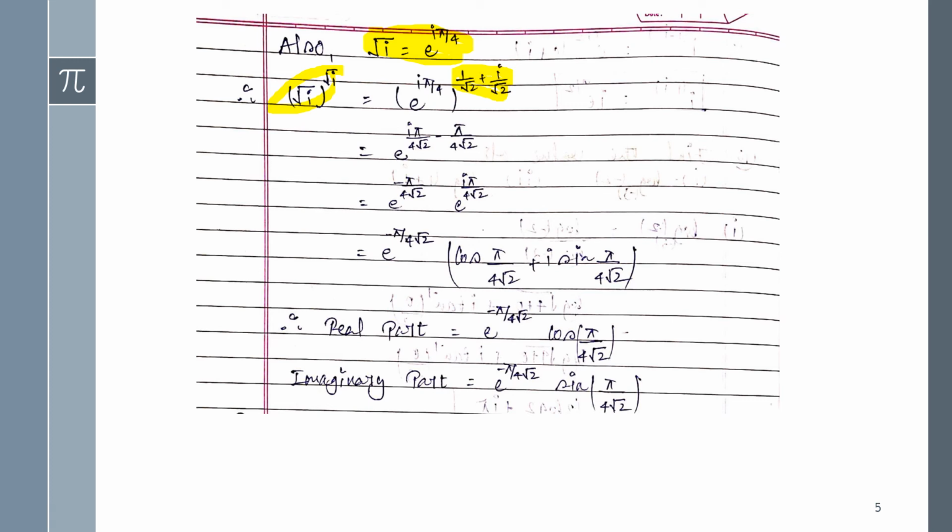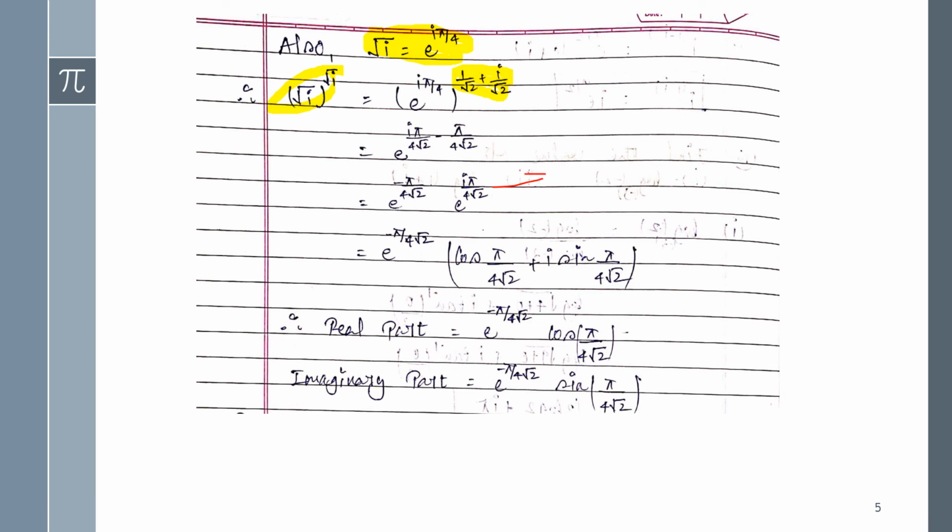Now just combine together. I'm giving the simplification. You can see that this one is a real number, so I kept it outside. And here is the function of i, which is actually e raised to i theta.